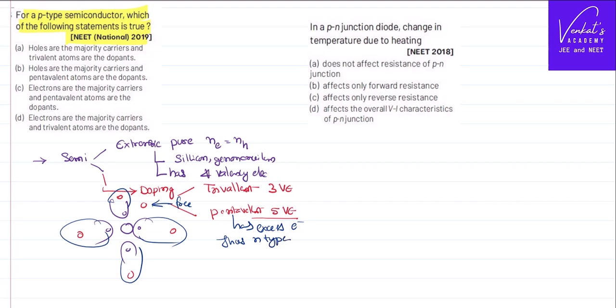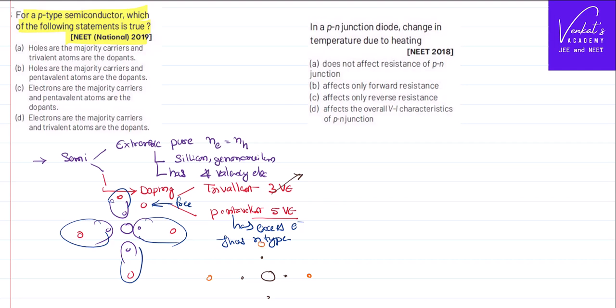The other possibility is to add a trivalent impurity. The semiconducting material has 4 valency electrons, and you add an atom with only 3 valency electrons.